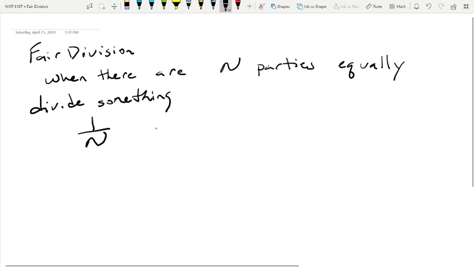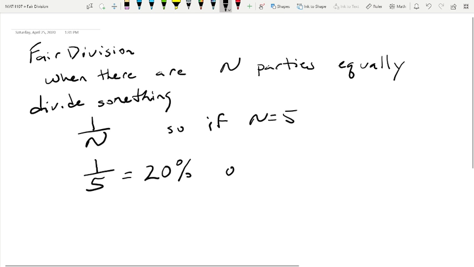For example, if n was equal to 5, then I would divide 1 over 5, and so the fair share would be 20% of the whole.